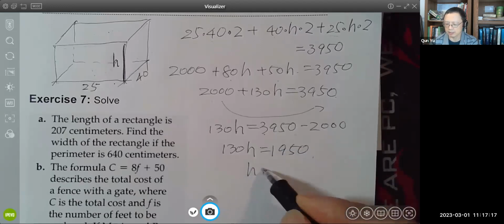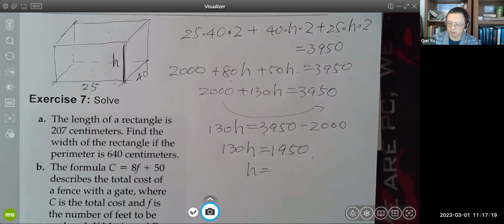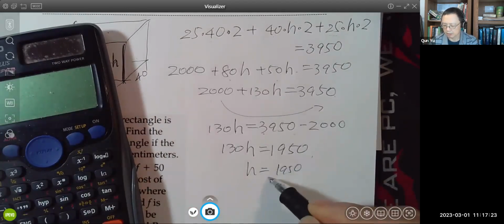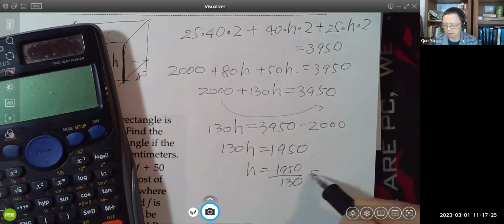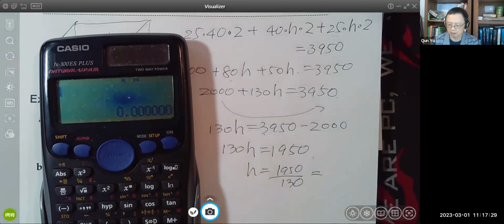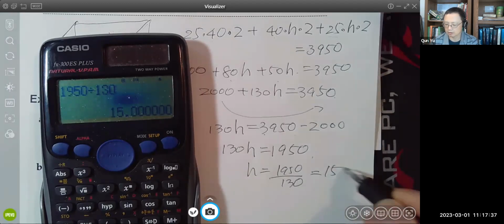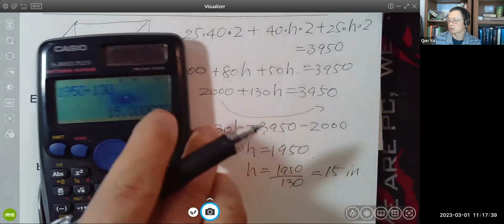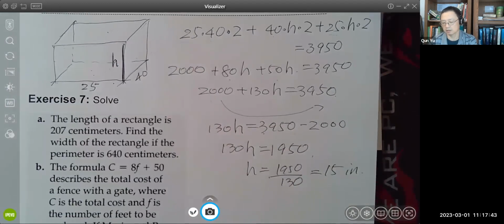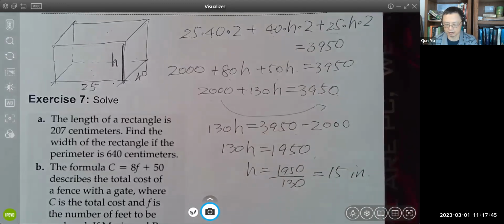Now all we need is a division. 1950 divided by 130. I got 15 inches. So the height of this box is going to be 15 inches.